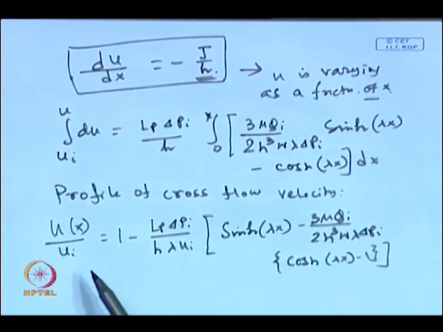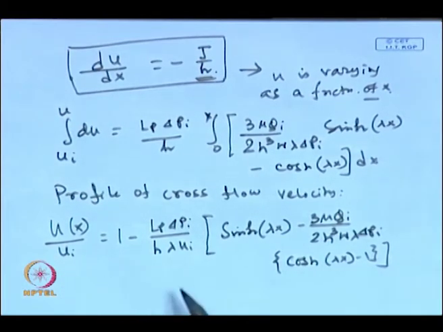And if you replace X by L, then you will be getting the velocity at the end of the module. So this expression gives how U varies as a function of X, and if you put X equal to L, that will give you the velocity at the end of the channel.